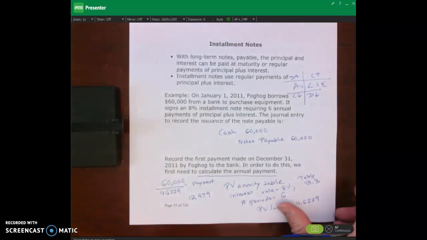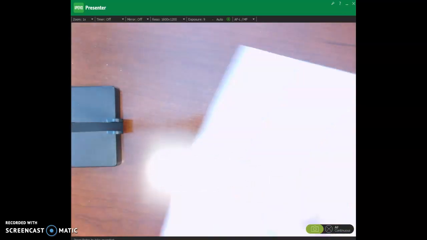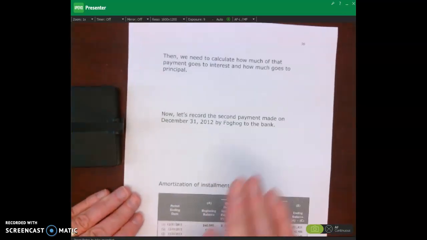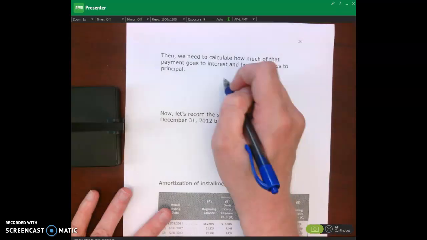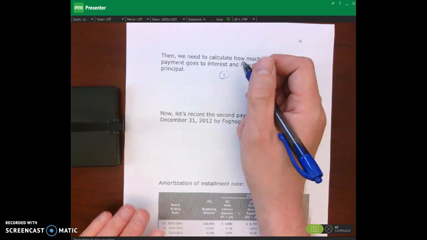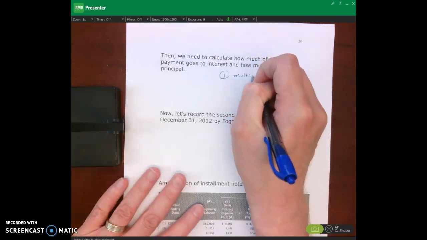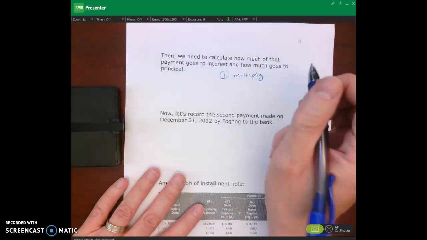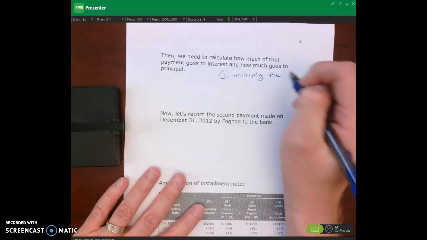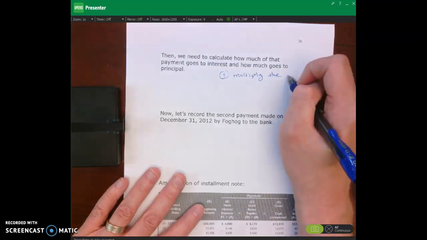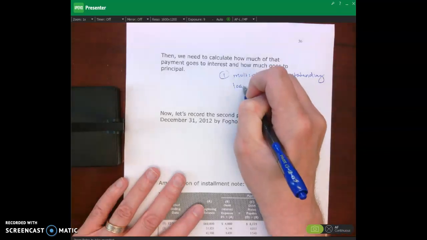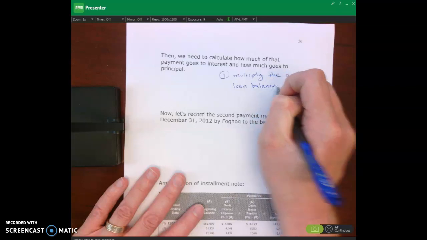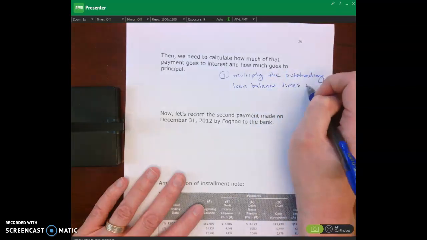Okay? So now continuing on, we need to calculate how much of that payment goes to interest, how much of that payment goes to principal. So the first thing that we're going to do to figure that out is we're going to multiply the outstanding loan balance times the interest rate.